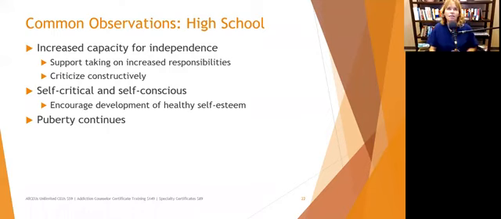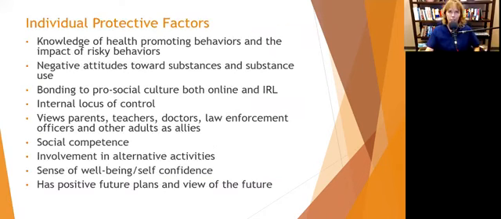Youth are self-critical and self-conscious at this age, so encourage the development of healthy self-esteem and encourage them to do things and reflect on how they're a good person. And puberty continues. So things that we want to help parents as well as communities and teachers do.